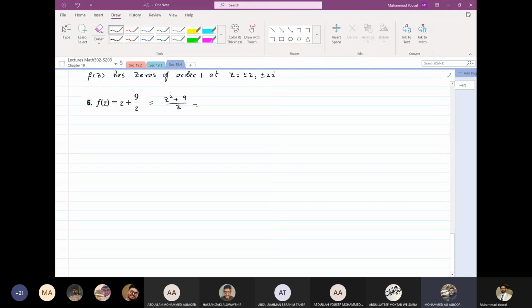Which can be written as z plus 3i, z minus 3i over z. So f of 3i equal to 0. F of negative 3i is also 0.